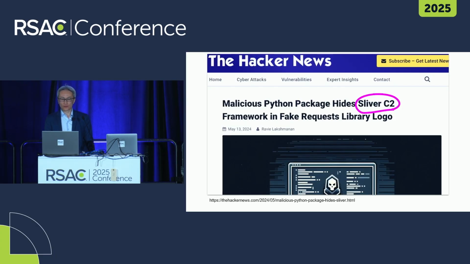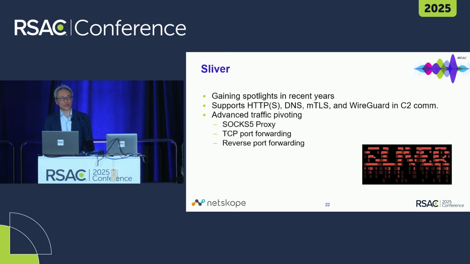Number 3 is Sliver. Sliver has become popular in recent years among threat actors, and it could also be used as an alternative tool to replace some commercial-grade C2 products. It supports a lot of C2 protocols, and one of them is called MTLS, or mutual TLS, which is a little different from traditional TLS.